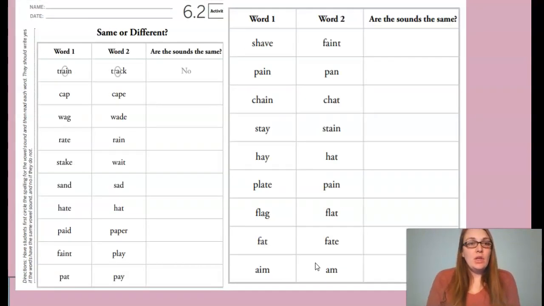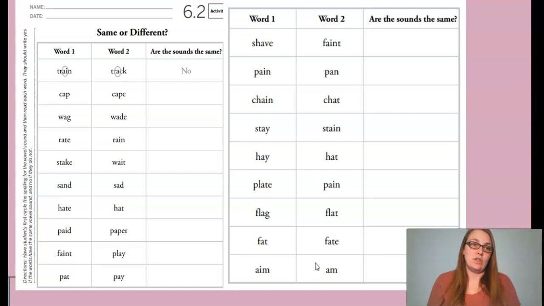6.2. They're given 2 words on each line. So for example, the first one, word number 1 is train. The A sound is made by AI. Circle it. Word number 2, track. The A sound, circle that. And then are the sounds the same? So we have A in train and A in track. They're not the same.